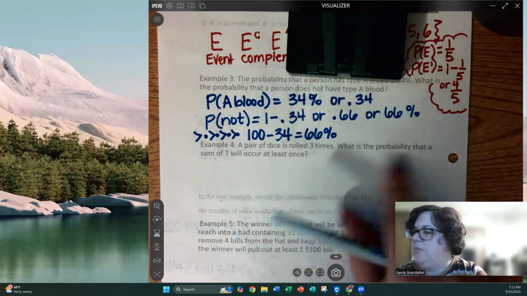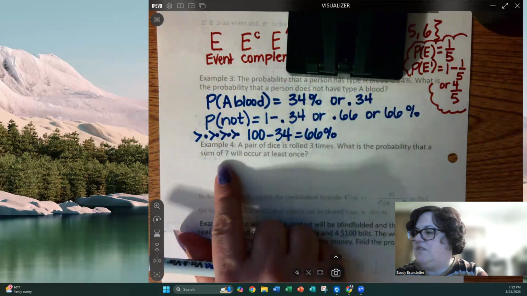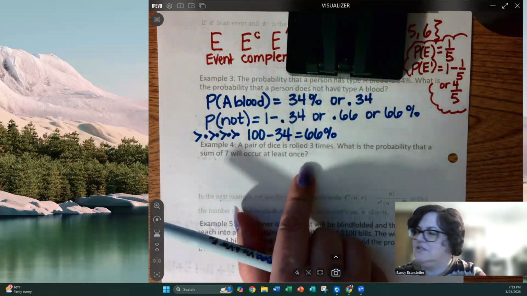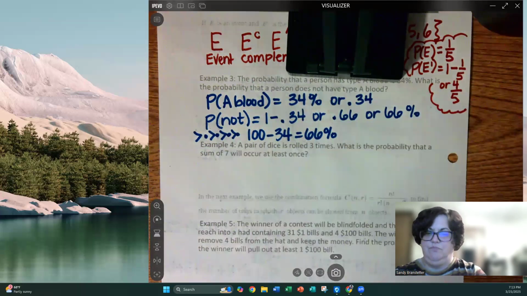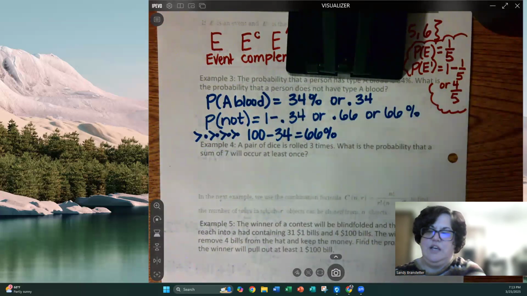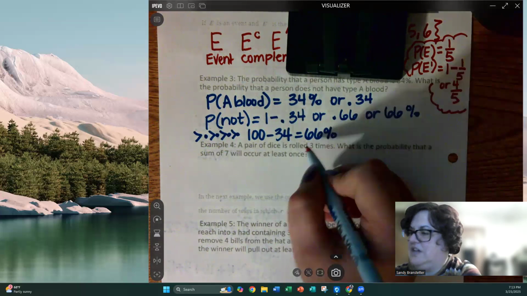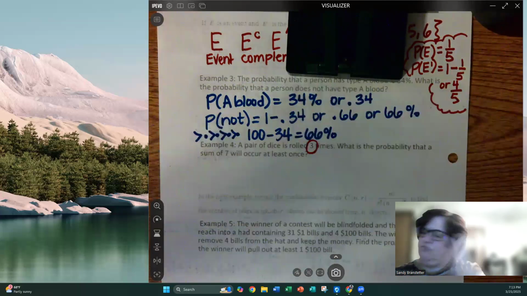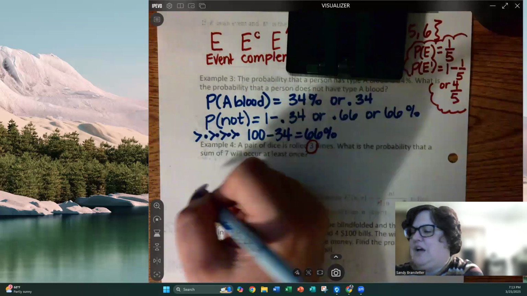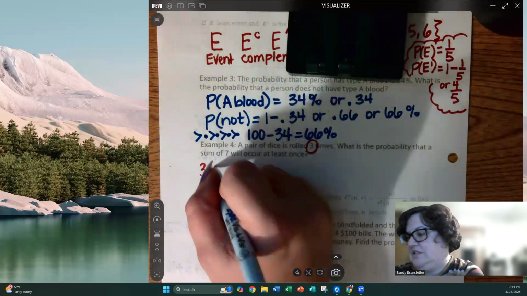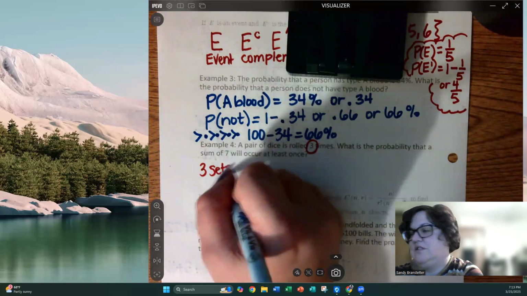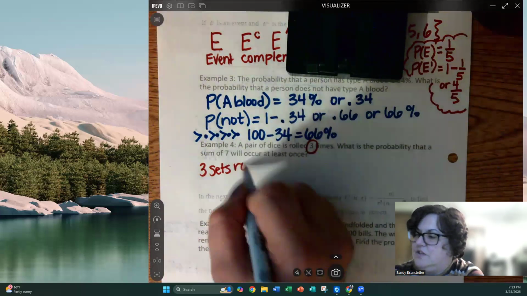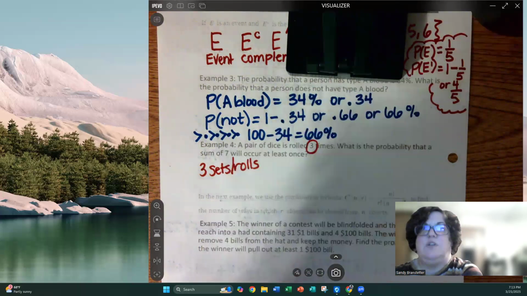What is the probability that a sum of 7 will occur at least once? So again, I'm rolling this die this time 3 times, so I would have 3 sets of dice, or 3 rolls as you do it.